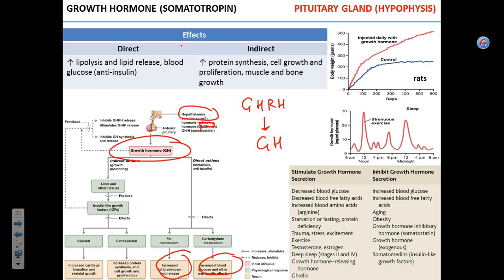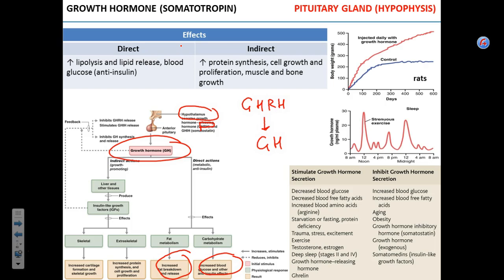Okay? To understand why these effects are taking place, what is the role of glucose in the human body? Yeah, exactly. It's a source of energy, right?